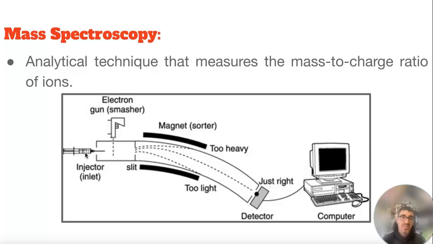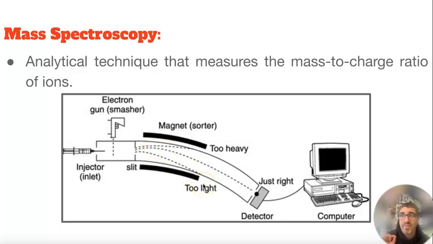In here, those fragments will start to separate, and they separate based on the mass and the charge of those ions. The heavier a fragment is, it will be attracted closer to this magnet or this side of the tube, and the lighter ones will hit the other side.